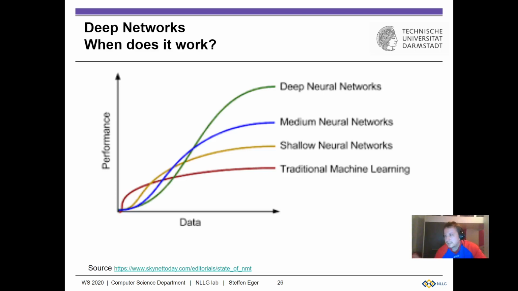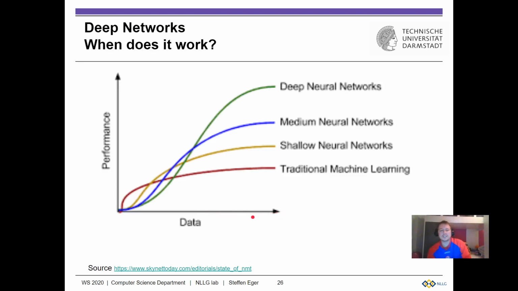A feature could be, is the first word in this text, let's say, "neural"? If the first word is "neural", then maybe it's about machine learning, or deep learning. So that's a handcrafted feature. These are traditional approaches, and when you have very little data, they typically perform better. And the more data you have, the deeper your network can be, right?